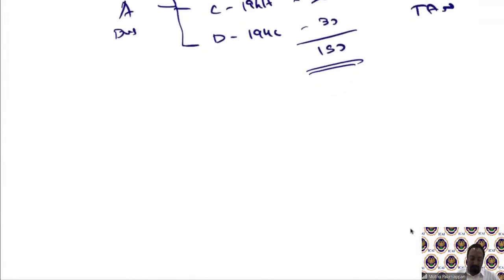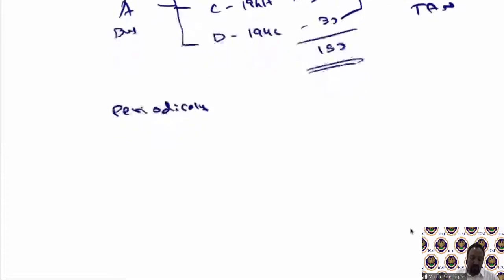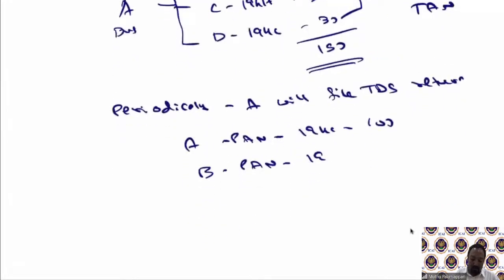Now, the purpose of paying this TDS is to give credit. So this 150 is nothing but these three, right? So B, C, and D have to get credit for whatever has been done. Periodically, A will file a TDS return. It will say A's PAN, 194C 100. B, their PAN, 194, what section did I say? 194H.